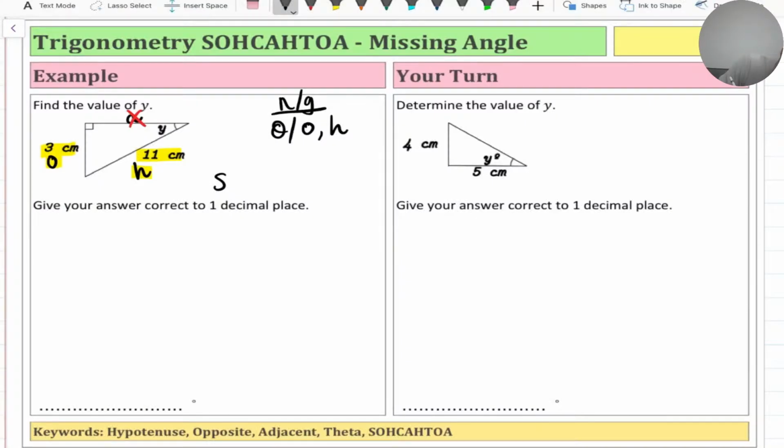I then write out SOHCAHTOA. And I highlight everything which is in my need and got list.